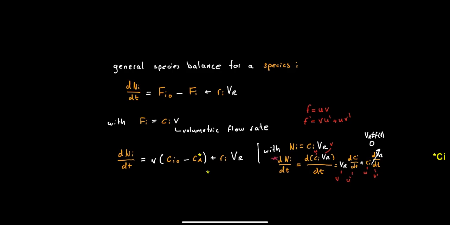So this we can insert into here, and we can say that VR times the change of the concentration of the species I with respect to time is going to be equal to the volumetric flow rate V dot times the concentration of the species I at the inlet minus the concentration of the species I at the outlet, plus the reaction rate Ri times the volume of our reactor.